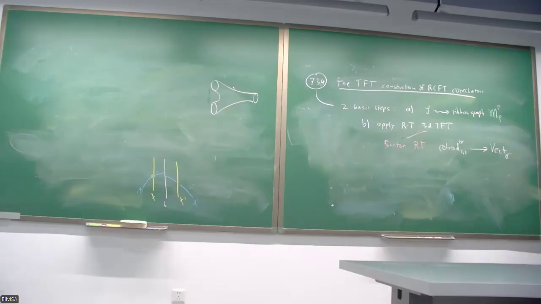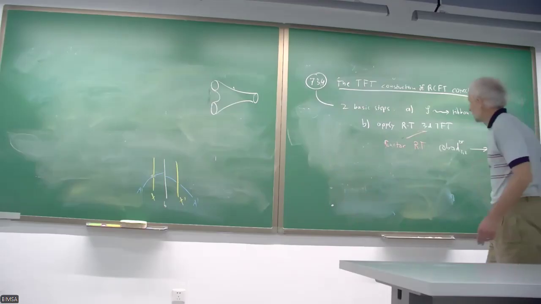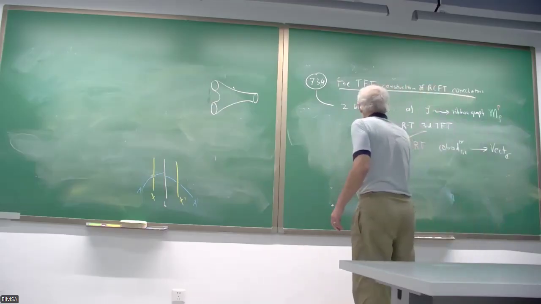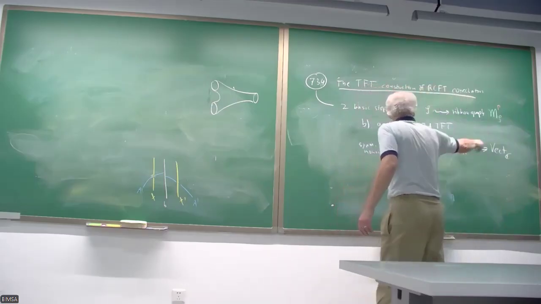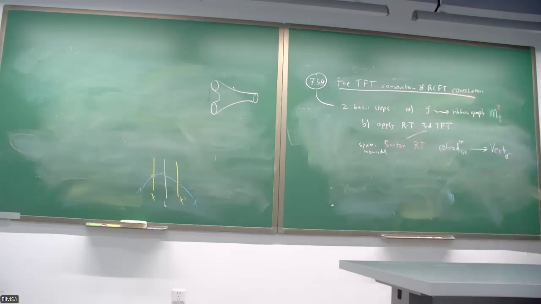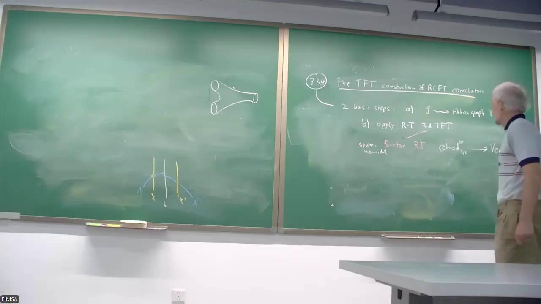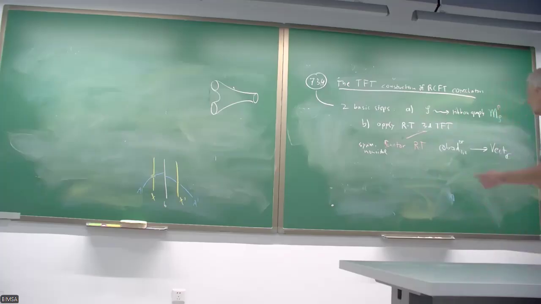You consider a functor from this cobordism category to the category of vector spaces over C. It would be symmetric monoidal, where on vector spaces I have the ordinary symmetric monoidal structure, the tensor product over C, and then flipping elements in the tensor product.